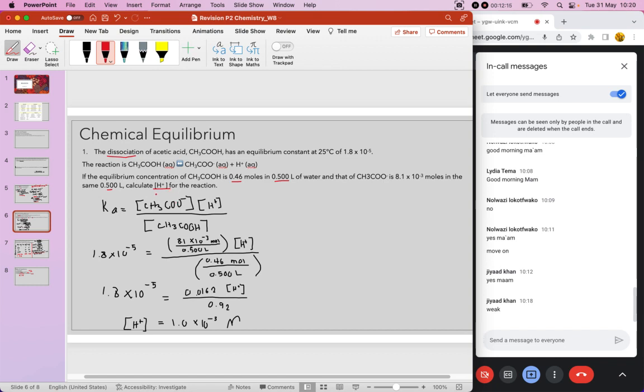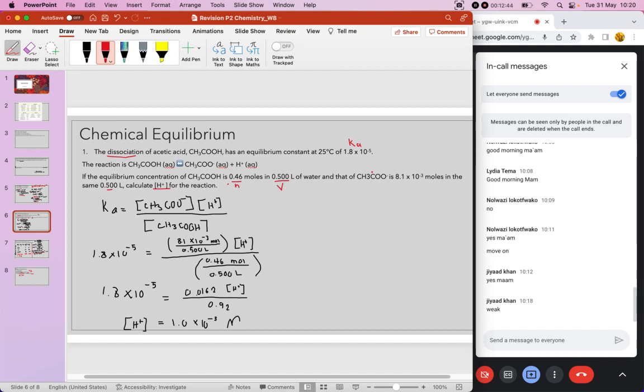From what we are given, the equilibrium constant of the acid is 1.8 times 10 to the power negative 5. For the concentration of the product and the reactants, we are given the number of moles. The number of moles of acetic acid is 0.46 and the volume is 0.5 liters.